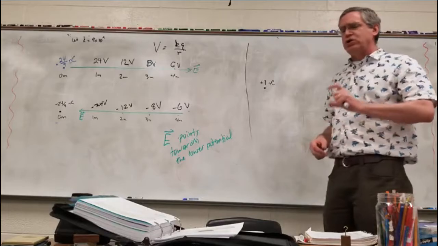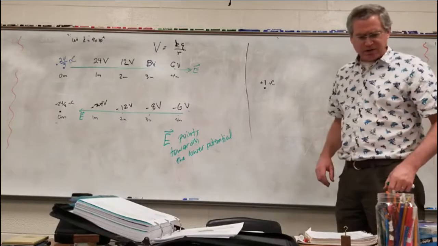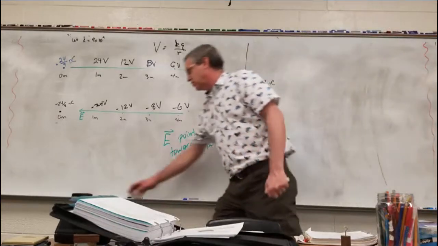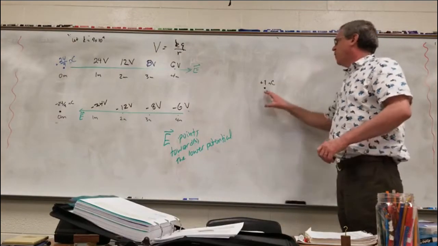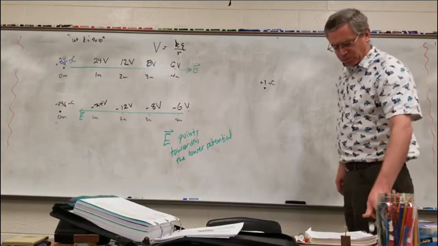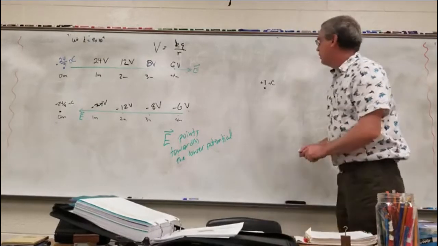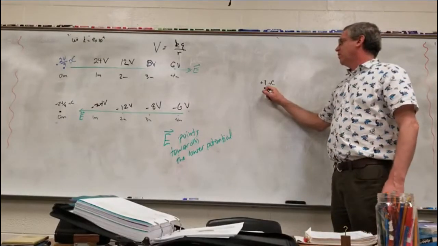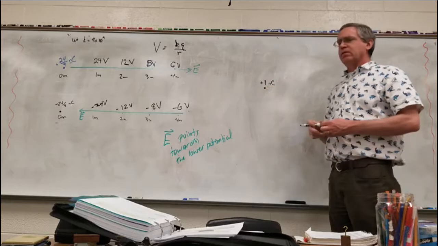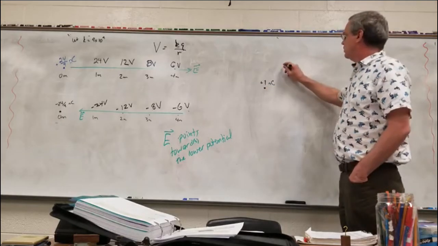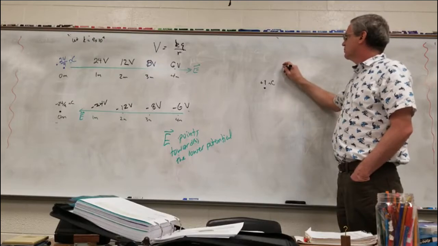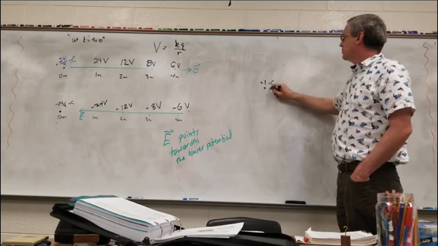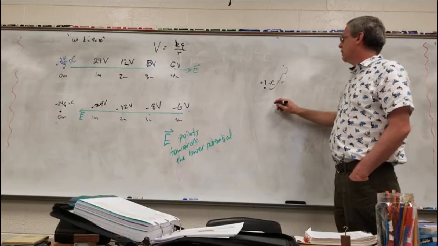There's one other relationship that I have not been as explicit about as probably I should be. So I have a 1 nanocoulomb charge here. Talk about the potential if I'm here. Let's say this is some distance r away.